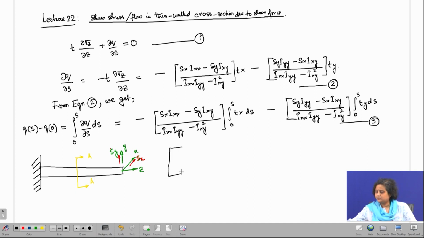The thin wall cross section can be anything, a C section or any other section. S is the coordinate that we have considered.